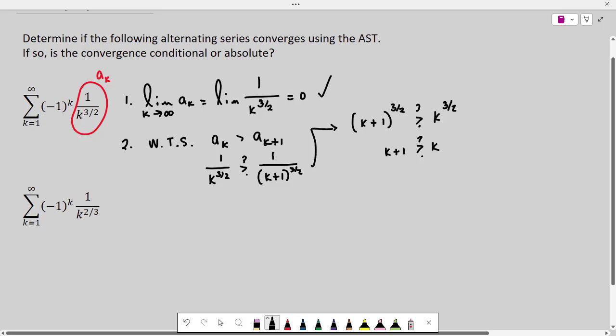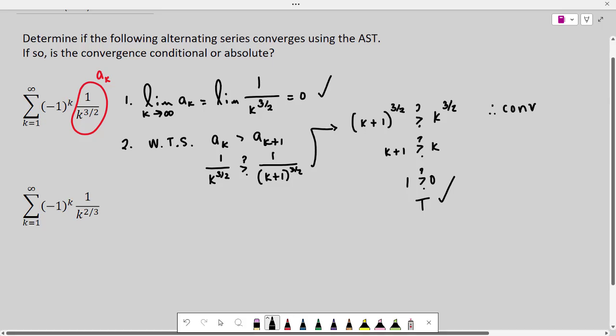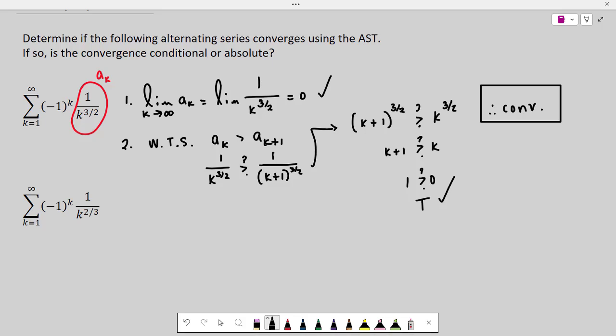If the exponents match, then the bases must match. And sure enough, this is true. So second thing checks. So now we've shown both pieces of the alternating series. So therefore, we have regular convergence. So we know our alternating series converges.